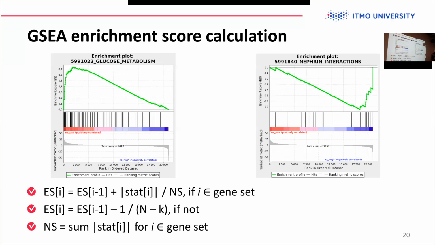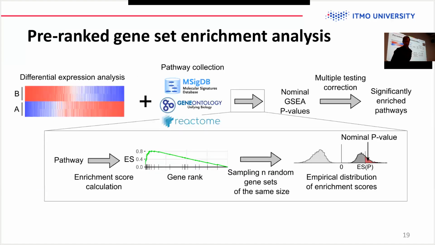Okay, and using this definition, we now can calculate a p-value by comparing this enrichment score with random gene sets. Because our null hypothesis was that the genes are distributed uniformly, we can have this so-called empirical p-value, basically not an analytical p-value, based on random sampling of gene sets.